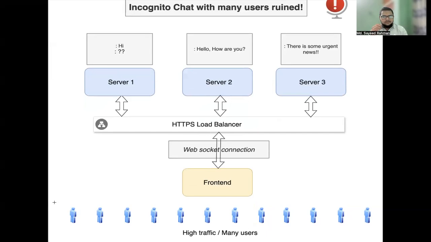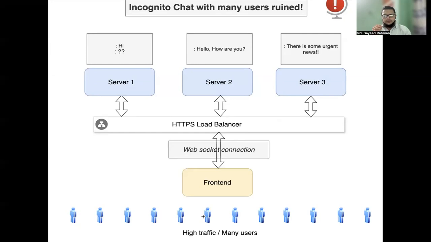We can see the number of users has increased so much, from 100 to thousands or millions. So we are saying it is high traffic, many users. Now instead of one server, we have installed multiple servers. It can be 2 to 10 or more. And now there is a load balancer between the servers and the front end.